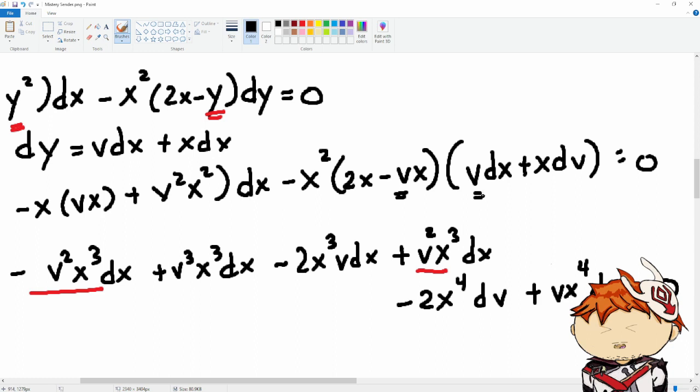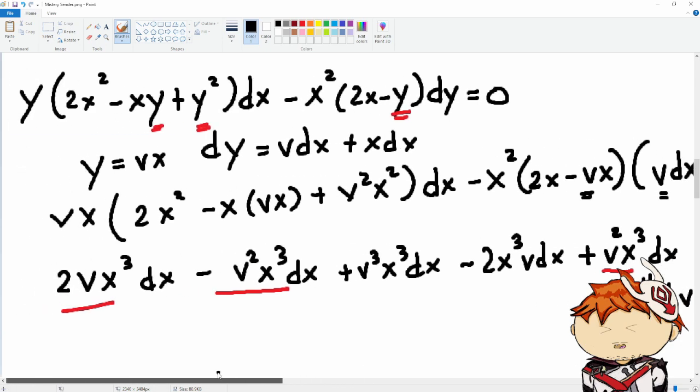That should be v times vx squared, x cubed, right? V squared x cubed. So for the first, this will get cancelled, alright? Then 2x cubed v, 2x cubed v, positive and negative, will be cancelled.